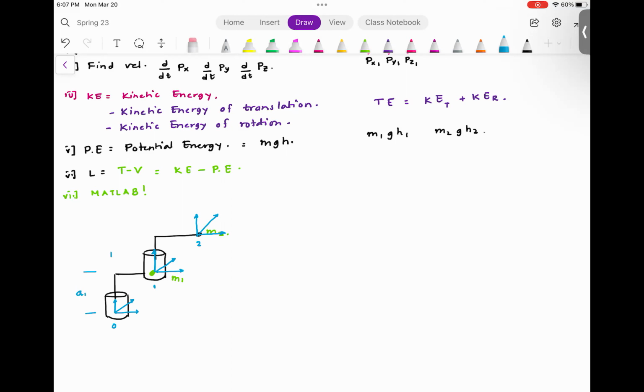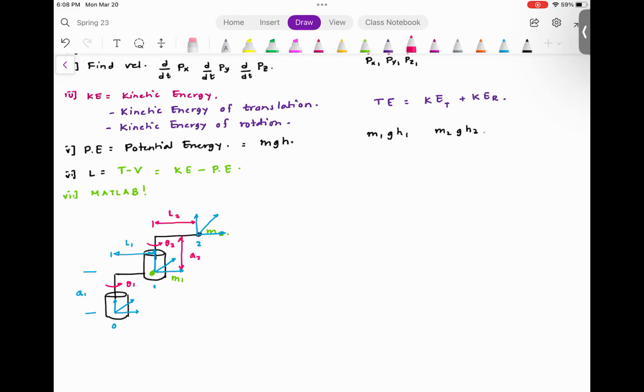I'm going to call this distance L1. I'm going to call this distance A2. And I'm going to call this distance L2. And if you remember, this is my theta 1. This is my theta 2. So I have two angles, theta 1 and theta 2.